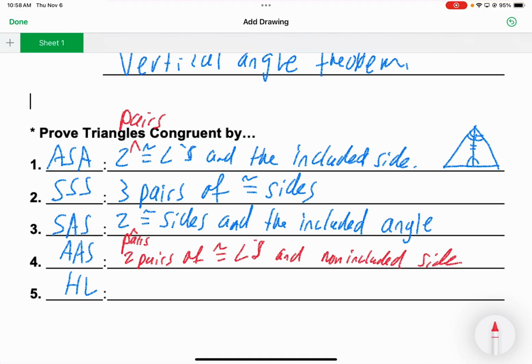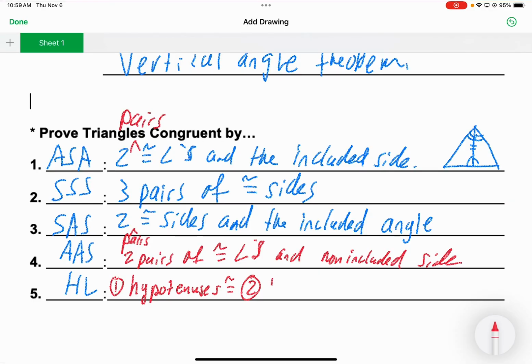For HL theorem, there's 3 things that I want you guys to write down. First is hypotenuse congruent. Second is the L. What's the L stand for, Kyle? Leg.